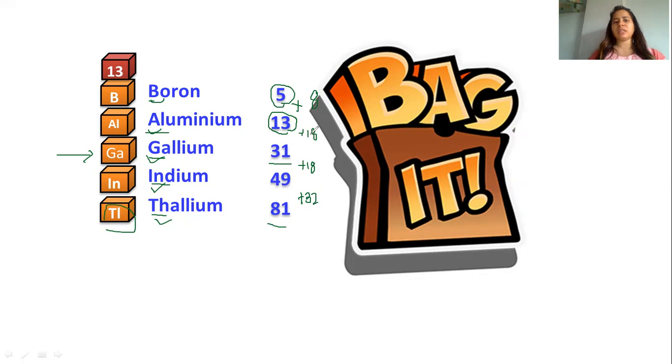So you can remember the atomic numbers this way: 8, 18, 18, 32. The atomic number of boron is 5, then 13, 31, 49 and 81. The simplest trick is to use these magic numbers: 8, 18, 18 and 32.